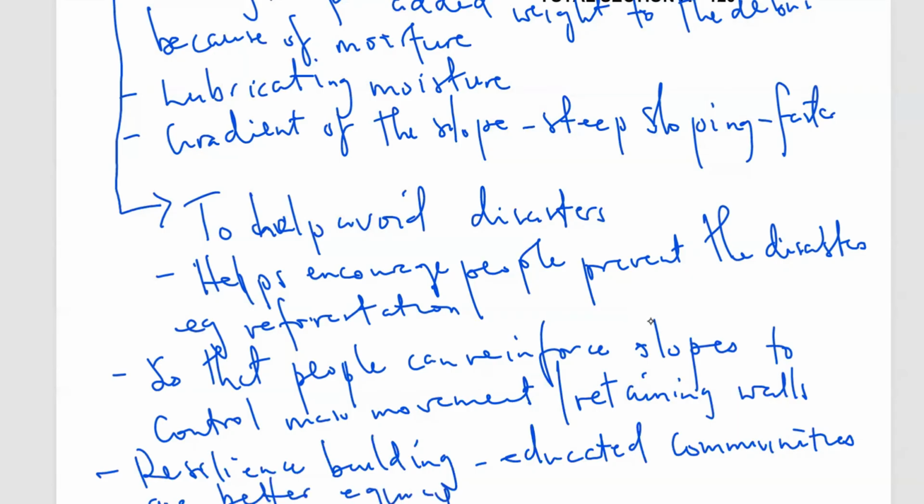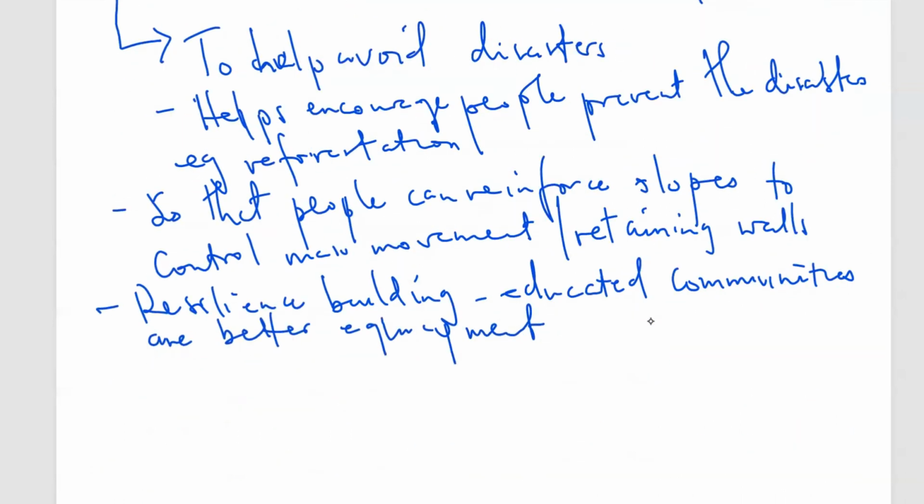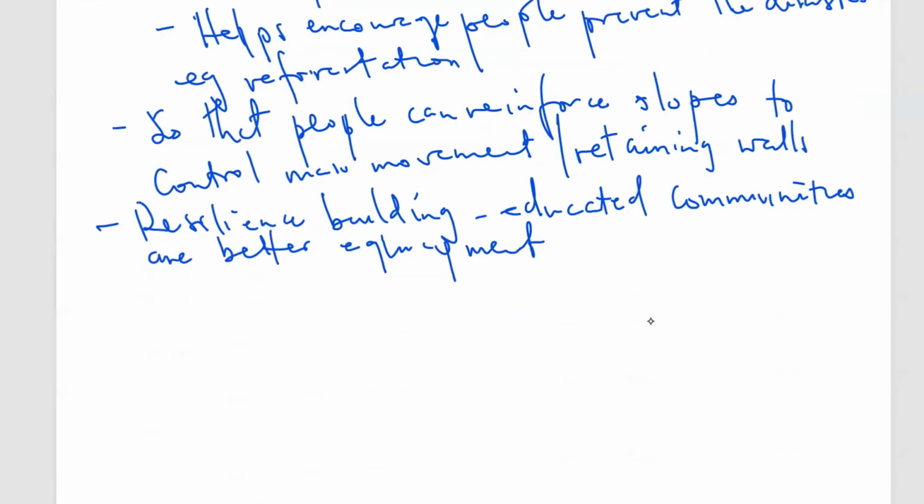If a person is made to know the dangers of a given natural disaster, they become more equipped towards the disaster. And also we can talk of community planning. Enhance community planning. People can work together as a community to find ways of how they can try to minimize the dangers of the mass movement.